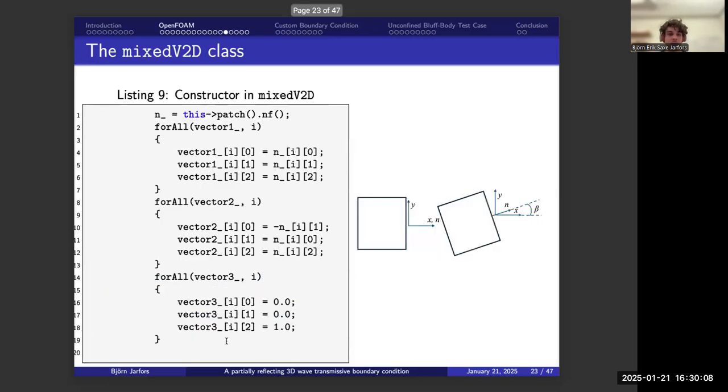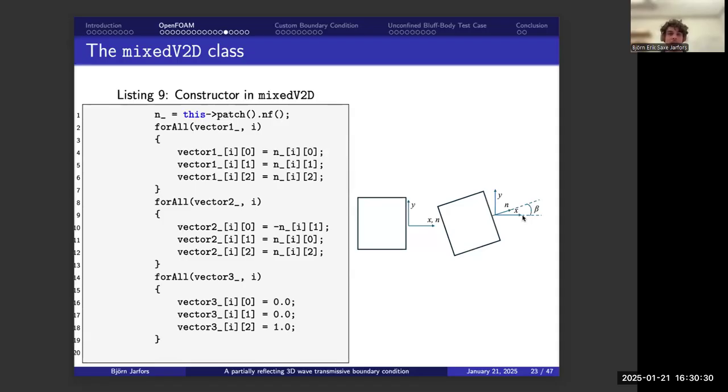So these vectors are populated through a forAll loop where basically what it's meant to take care of is in case our boundary normal is no longer in line with the x direction.